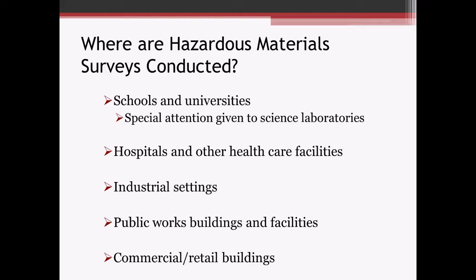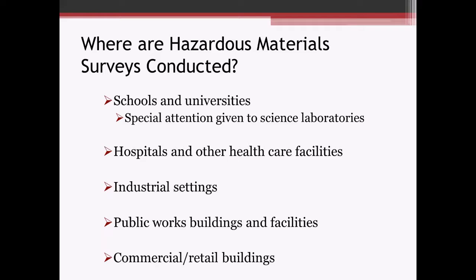So where we conduct these hazardous material surveys, as mentioned before, you pretty much can conduct them on any structure. Certain things you're going to want to look for, such as asbestos-containing materials, you would have to do for any type of building, any type of structure because of regulatory requirements.